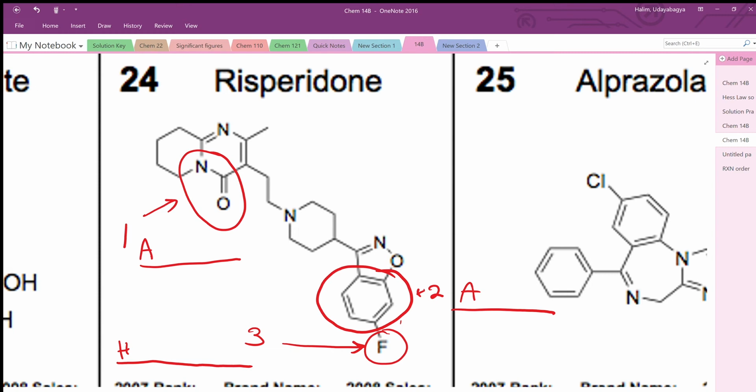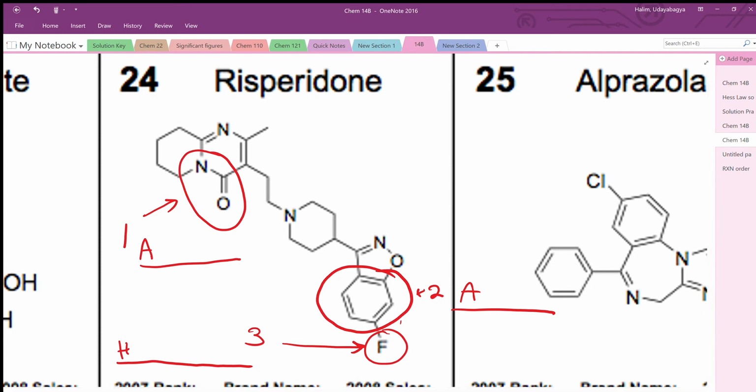You'll see this one in pretty much all peptide bonds. So proteins are made out of these. Number two is not.